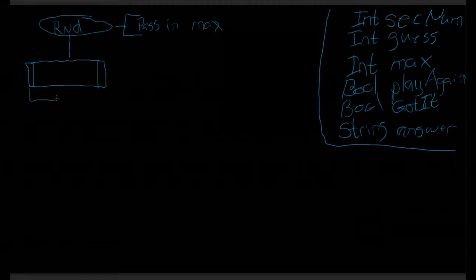So we're going to set, oh, let's do it this way. I might be able to actually write it now. So we're going to say sec, and instead of writing sec num, I'm just going to say sec equals a random number between 1 and max.